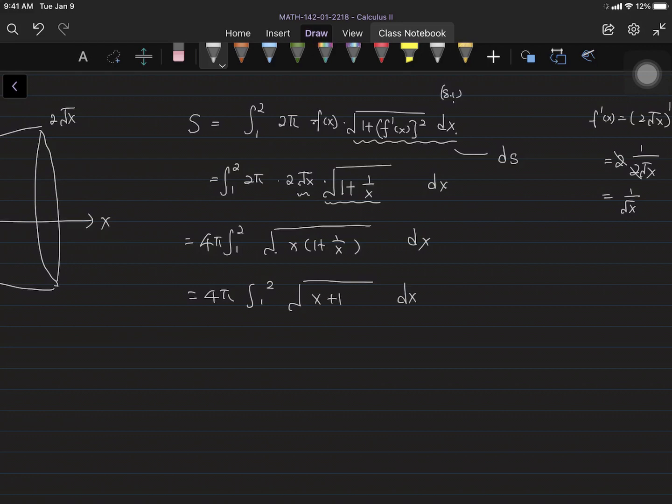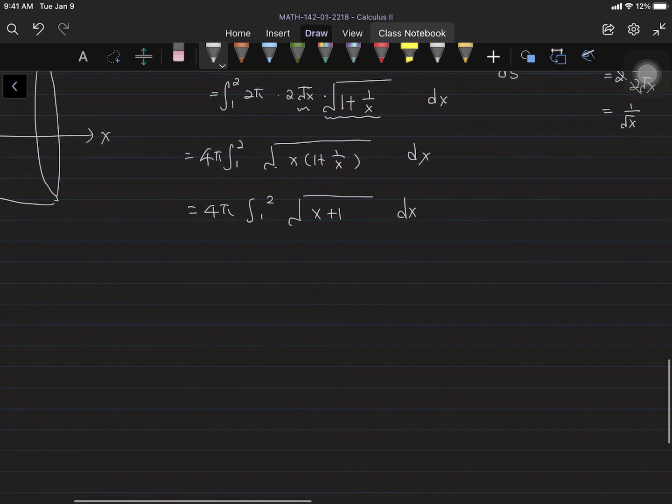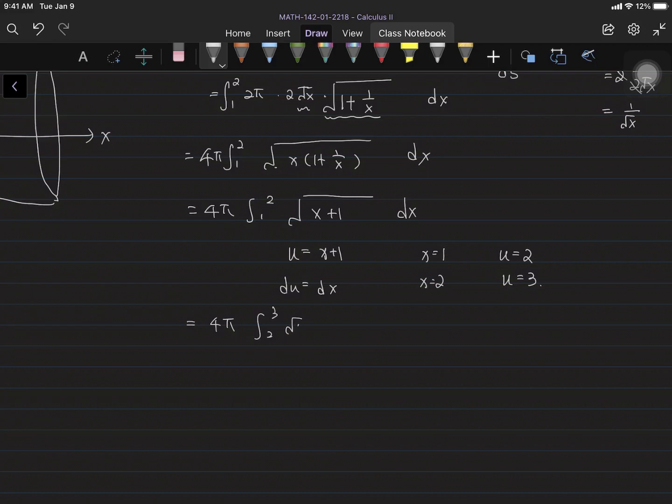This looks familiar, right? We did this in the arc length section. We should use u-substitution. So u should be x plus 1, and du is just dx, which is an easy case, but we need to change the bounds. When x is 1, u is 2; when x is 2, u should be 3. So we should have 4 pi, integral from 2 to 3 of square root u du, right after the u-sub.